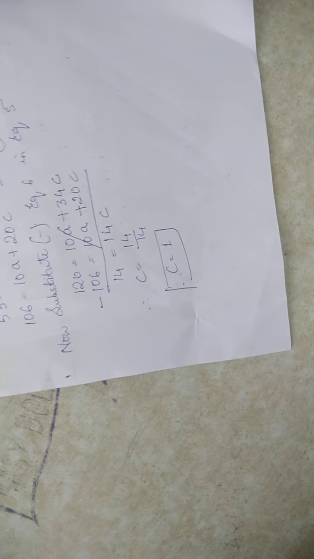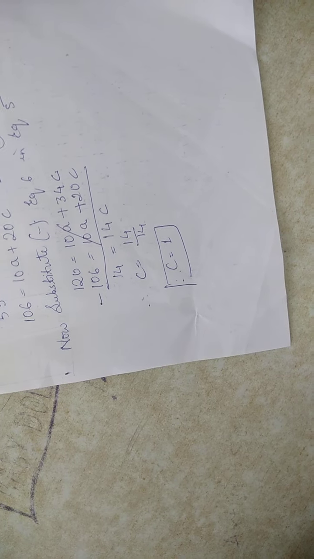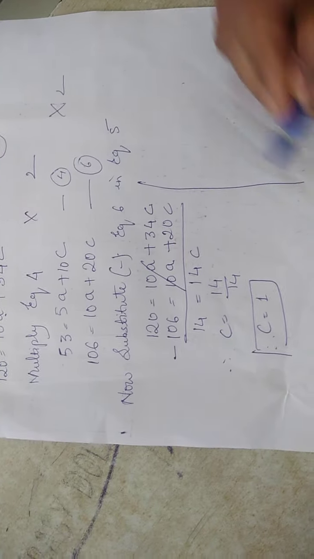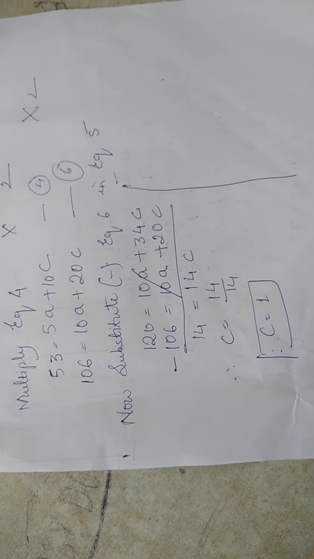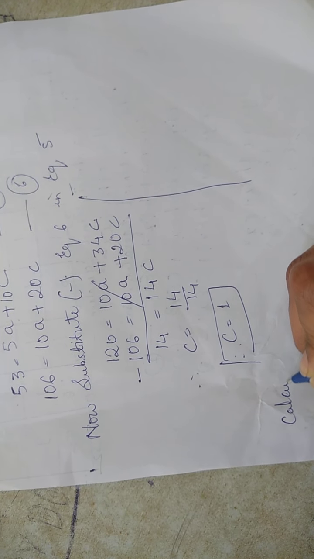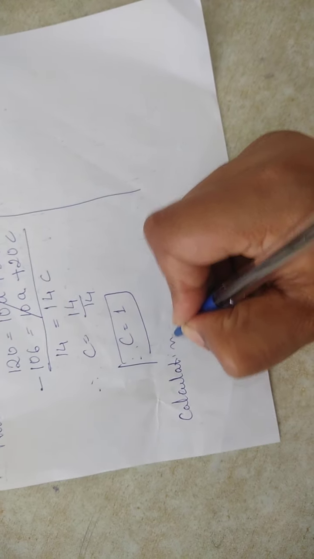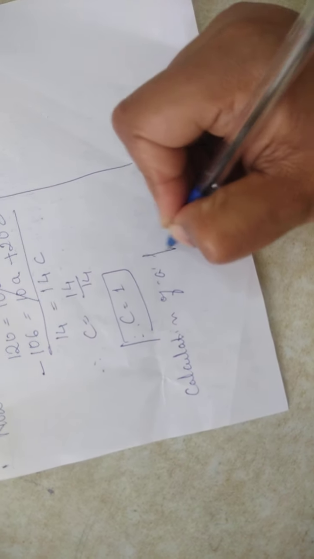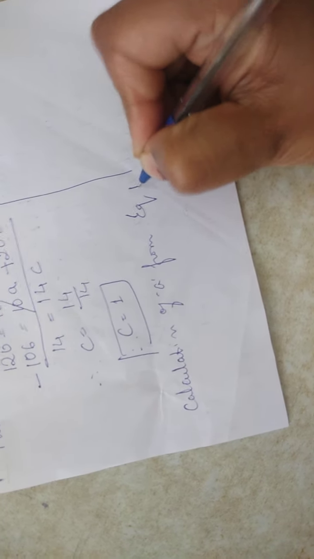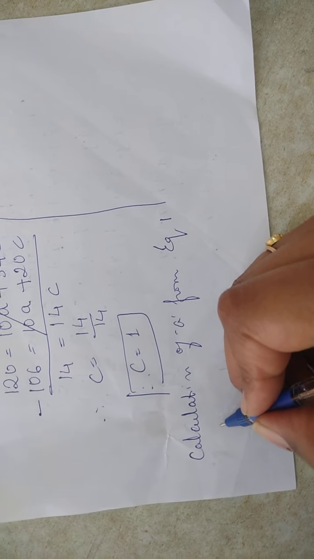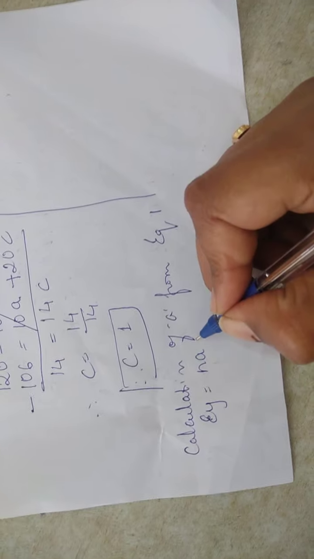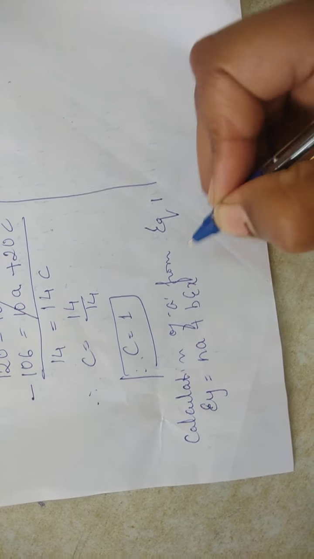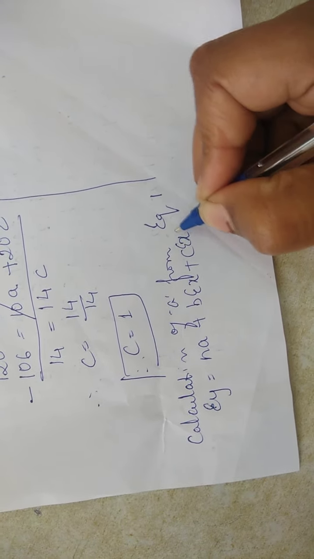So we got the b value and c value. Now to get the a value, we do the calculation of a from equation 1. So write equation 1: summation y is equal to na plus b summation x plus c summation x square.